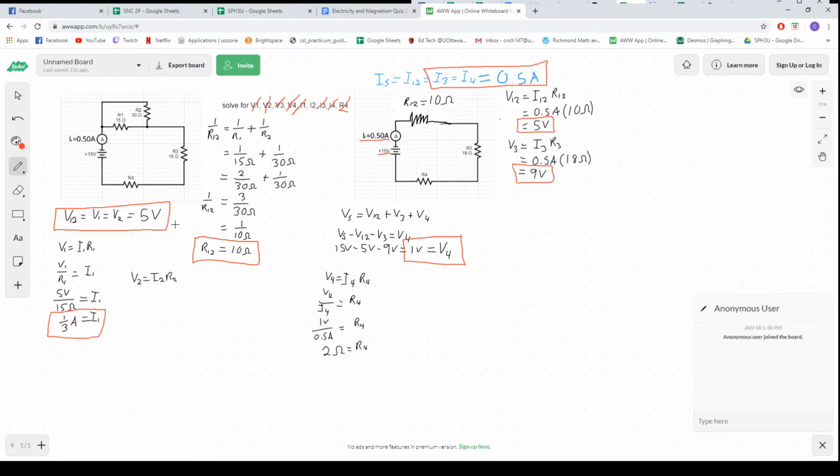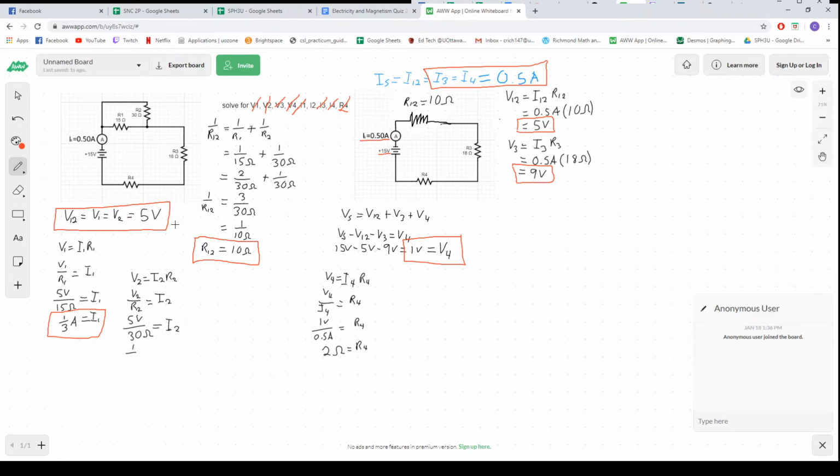So solving for I by dividing both sides by R2, we have V2 over R2 is equal to I2. Plugging in our numbers is just 5 volts, divided by our resistance, which is 30, measured in ohms, equals I2, which tells us that I2 is, if we simplify this fraction, we just get 1 over 6.